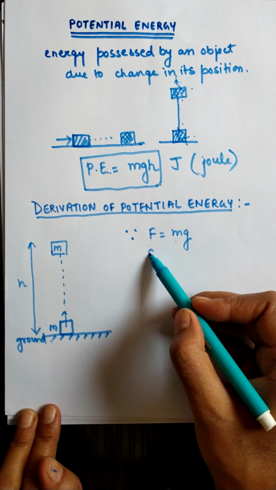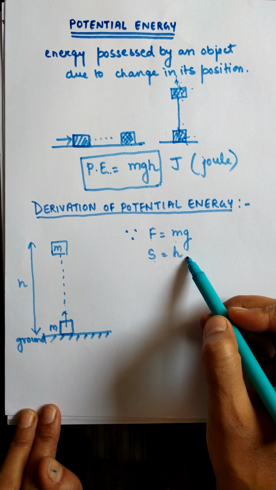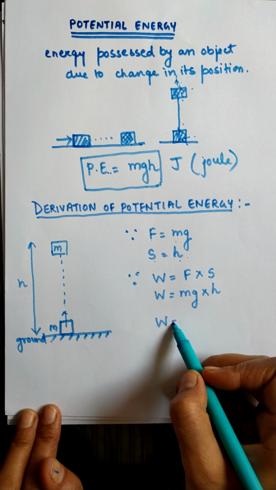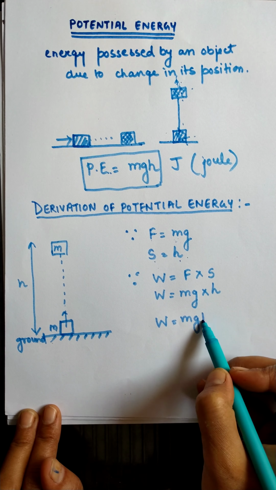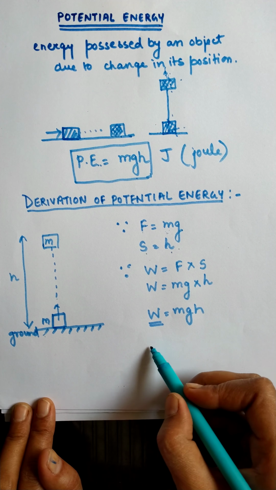So we can say that s is equal to h, that is, the distance covered is equal to the height. And since we know that work done is equal to force into displacement, if we put the value of force, then force applied is equal to mg and the distance is equal to height. So work done is equal to mgh, and only this work done is stored in the form of potential energy.